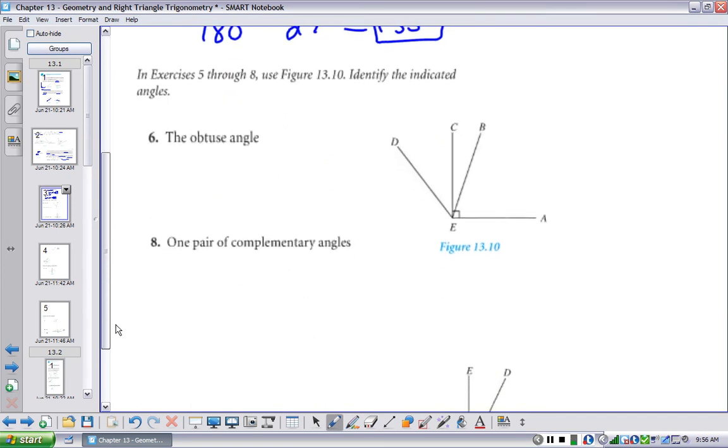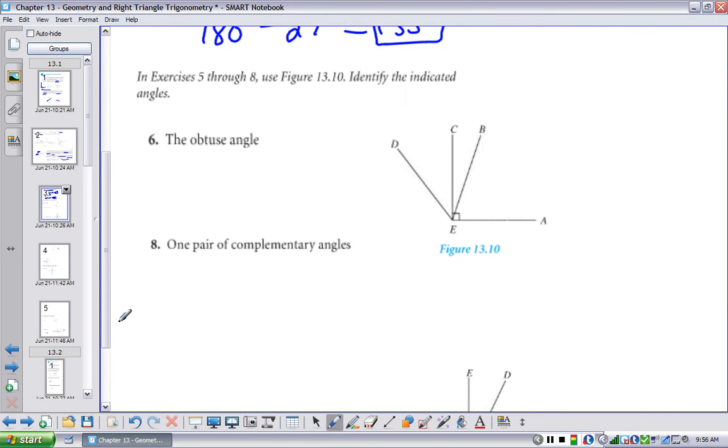All right, now we're going to look at this figure 13.10 here. And using this figure, we're going to identify the angles. Okay? They want an obtuse angle. If you remember, an obtuse angle is an angle that is greater than 90 degrees but less than 180.